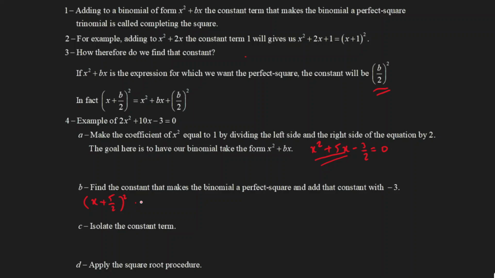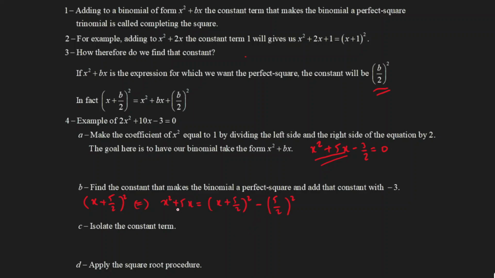This means that x squared plus 5x will equal its perfect square minus that constant, that's 5 divided by 2 all squared.